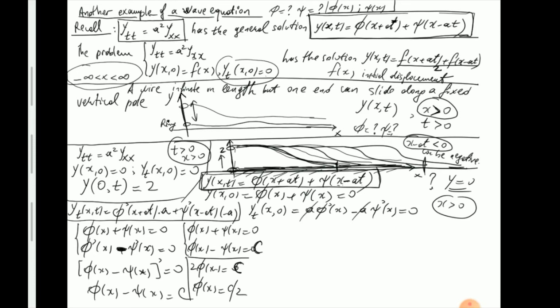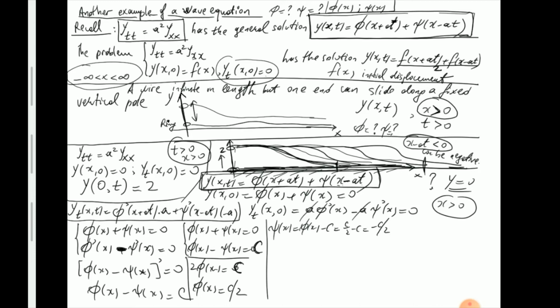Psi of x is c minus phi of x. No, phi of x minus c. C over 2 minus c, which is minus c over 2. All right, again, this is just for x positive.